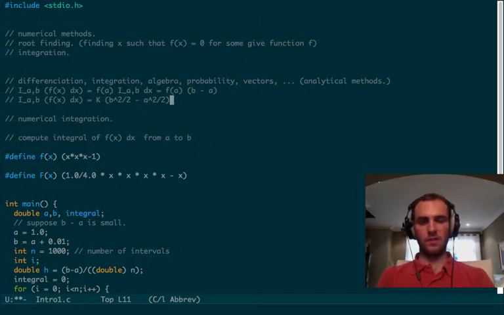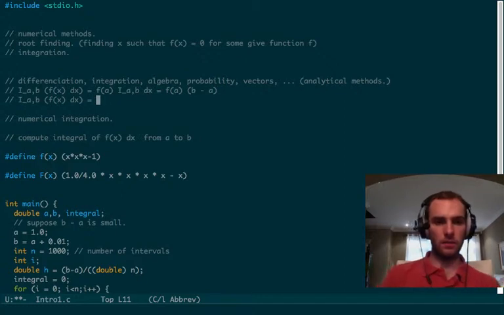Right, which is not super good. So how do we do this? How do we do this?